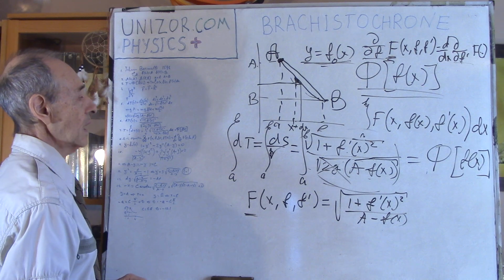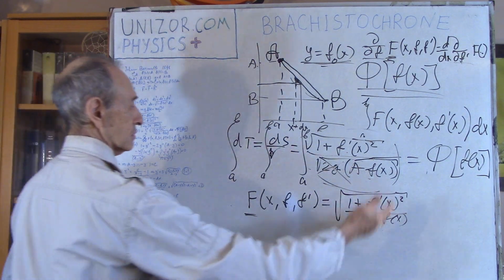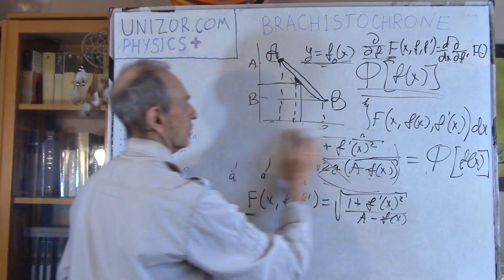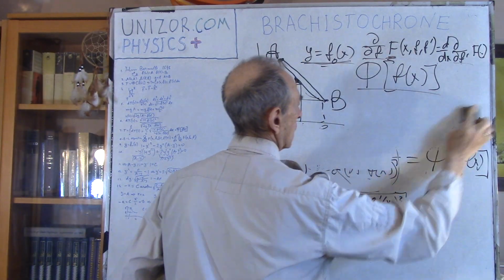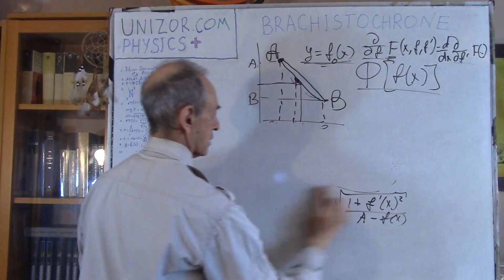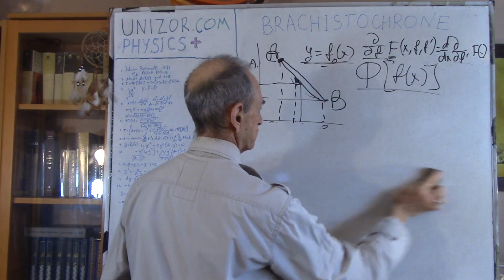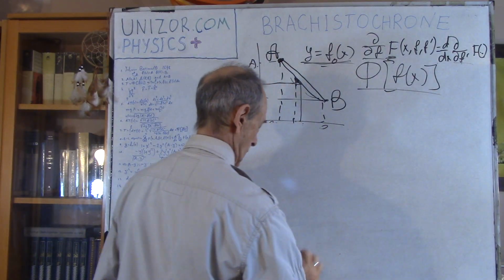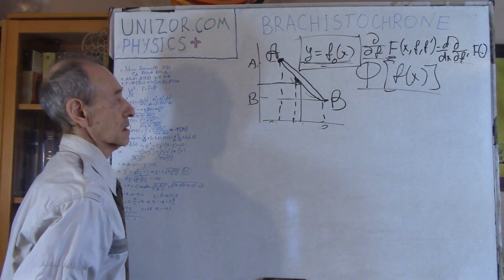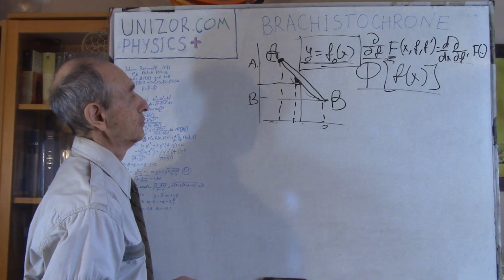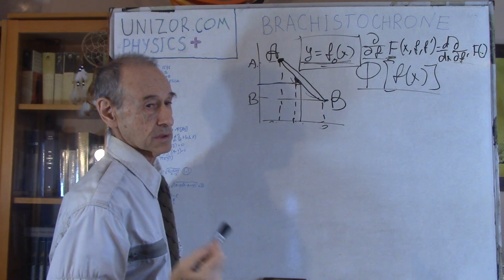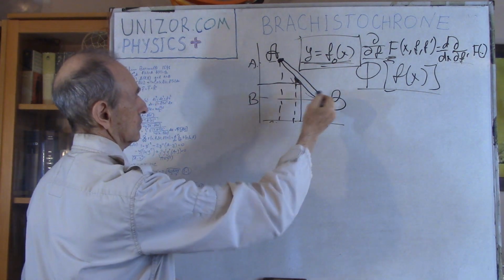Okay. So again, if I do all these partial derivatives, I will get the following equation, which I will write in a ready-to-use form. This is my equation which describes the Brachistochrone, the shortest-by-time trajectory of descent.